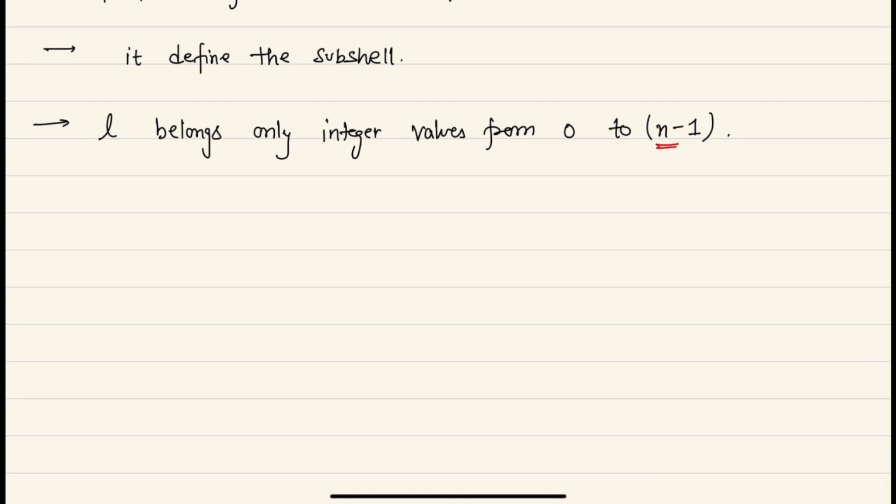And this n is called the principal quantum number. Already we have discussed it; you can check in lecture number 6. This is lecture number 7. So this small n is called the principal quantum number.